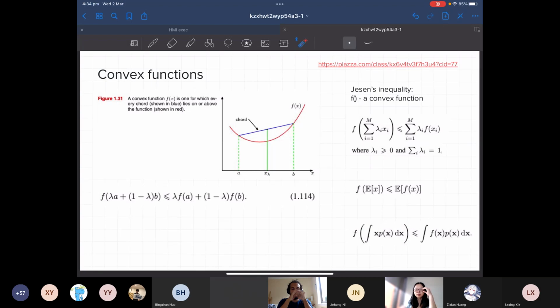If we generalize this beyond just two points, it leads to Jensen's inequality, written in a couple of different forms that are written out here. So great question.